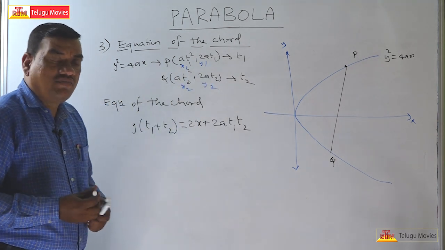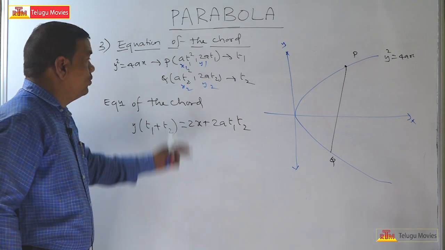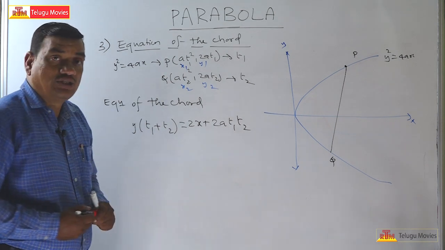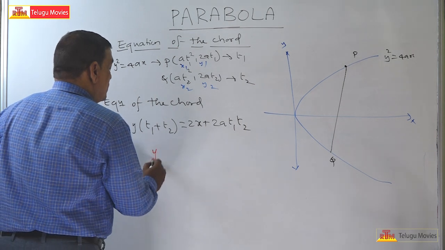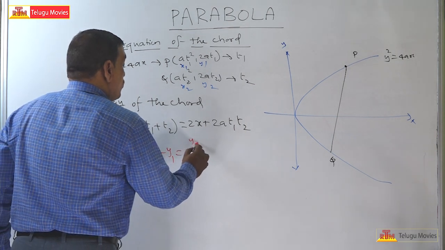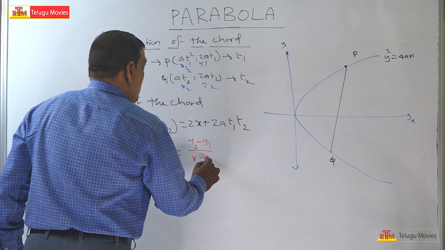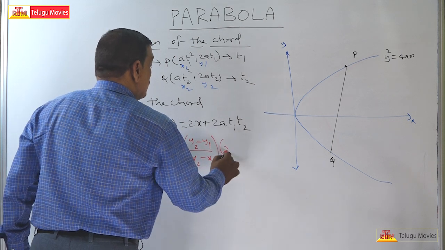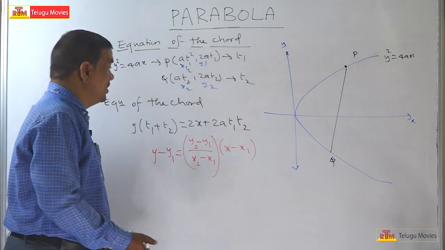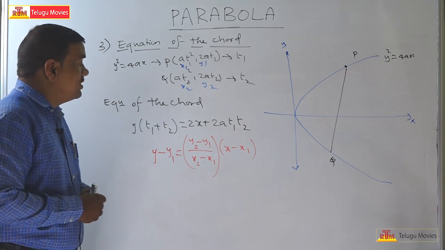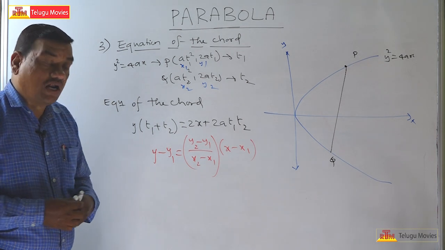Then the equation of the line passing through the two points (x1, y1) and (x2, y2) is y minus y1 is equal to (y2 minus y1) by (x2 minus x1) into (x minus x1). Substitute here and simplify, ultimately you will get the answer.